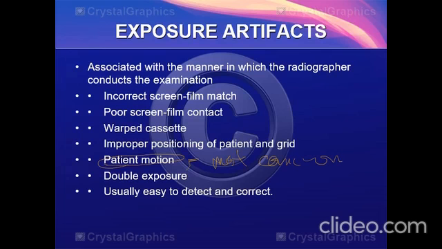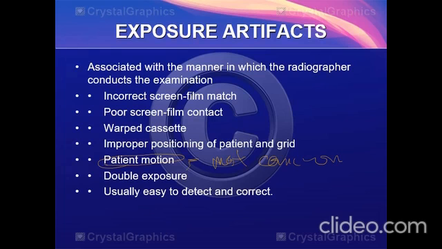For example, you can see that if the first exposure was the hand, then the next exposure was the skull, you can see hand and skull overlapping in a single radiograph.